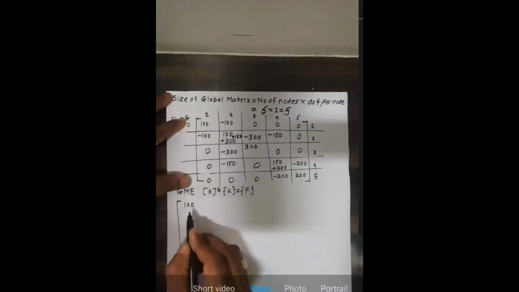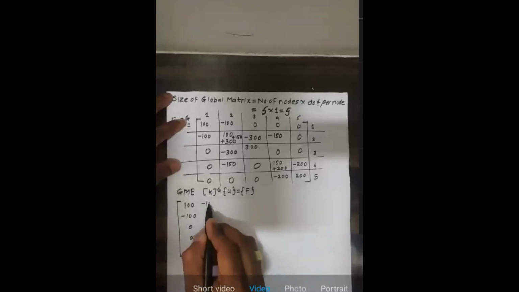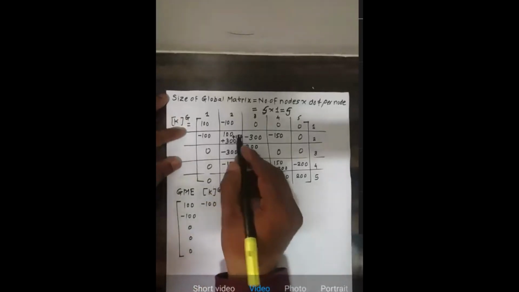This is 100, minus 100, 0, 0, 0, right? Then minus 100, then 300, 400, 500, 550, right? Then minus 300, minus 150, 0, then 0, minus 300, 300, 0, 0, right?